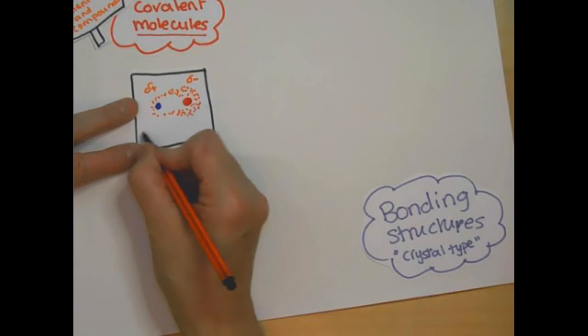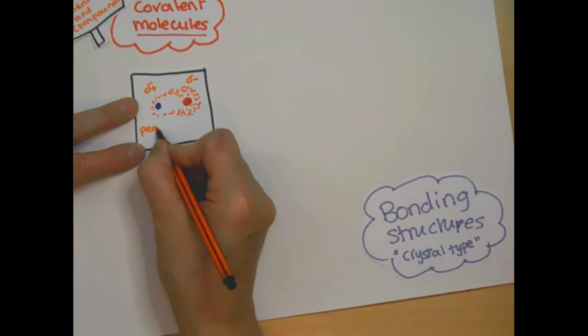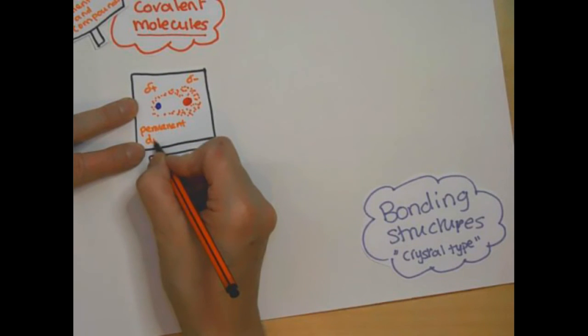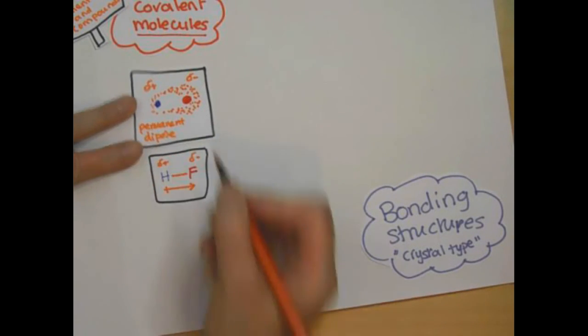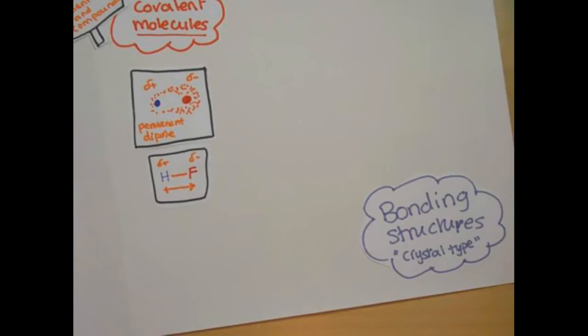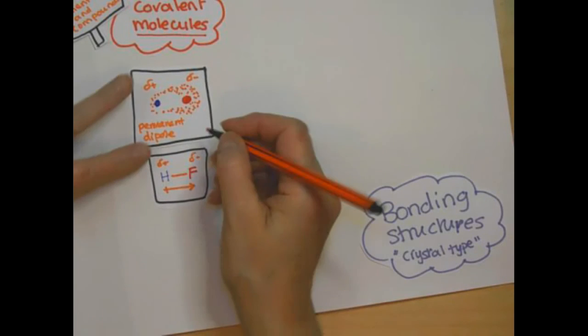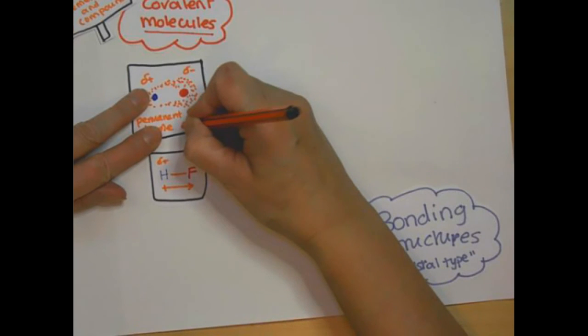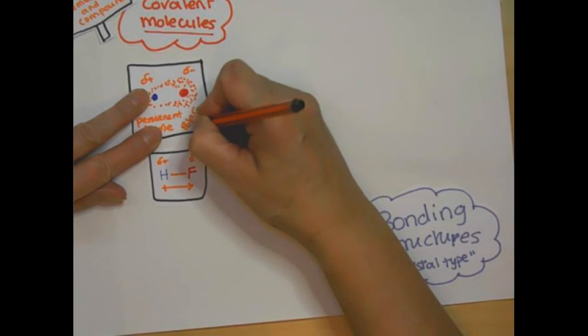And we can actually draw that permanent dipole in as it is. So this is called a permanent dipole. Okay, but we also term that a polar bond. So it's a permanent dipole, but we also term it a polar bond.